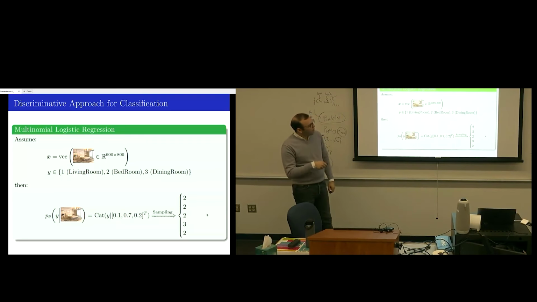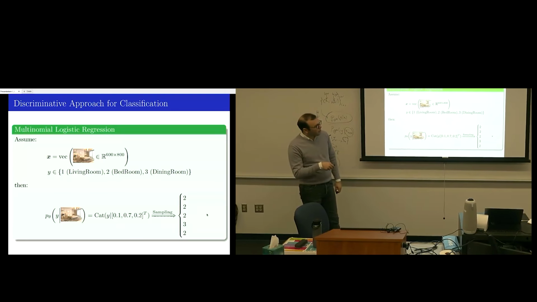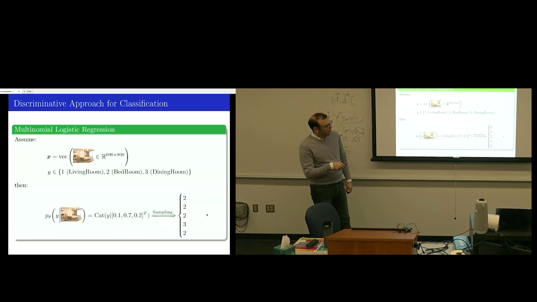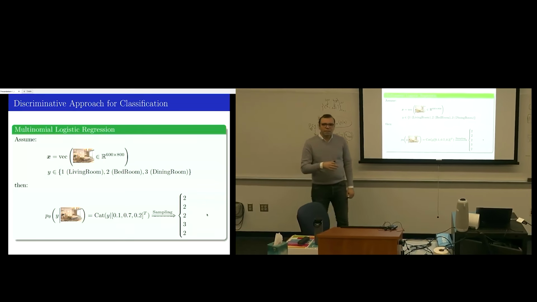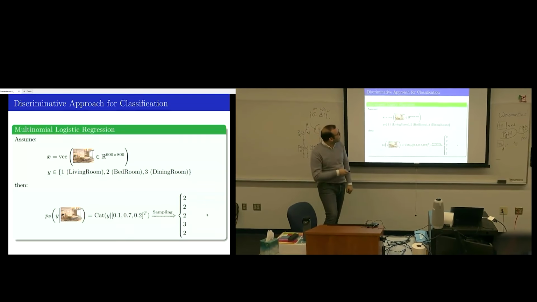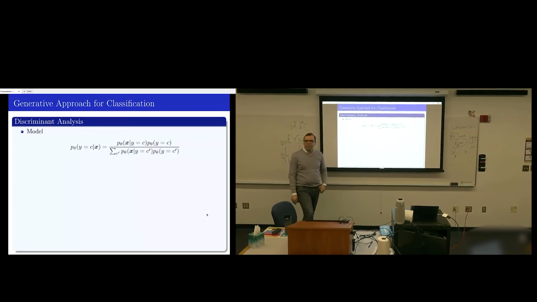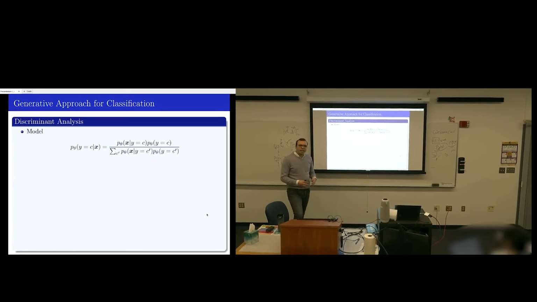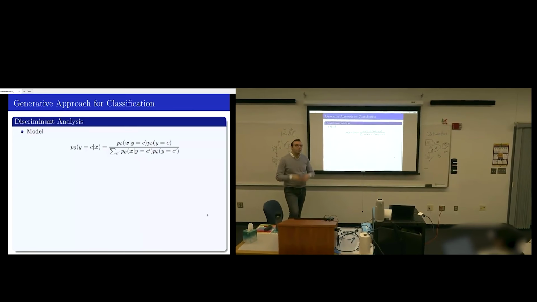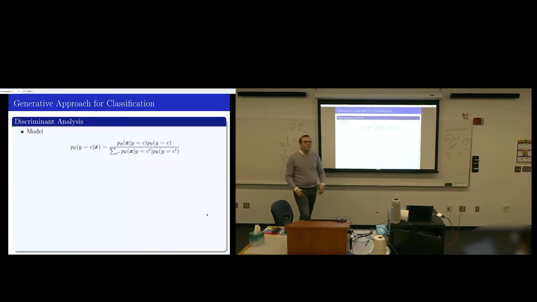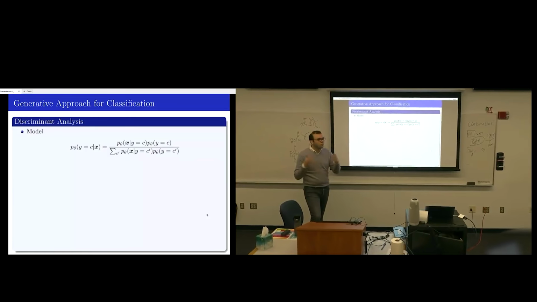Again, you have a generative model, but a generative model over low-dimensional random variables. But for example, in discriminant analysis that we will see in the next session, you also have a generative model over high-dimensional random variables, and you can generate samples of rooms.